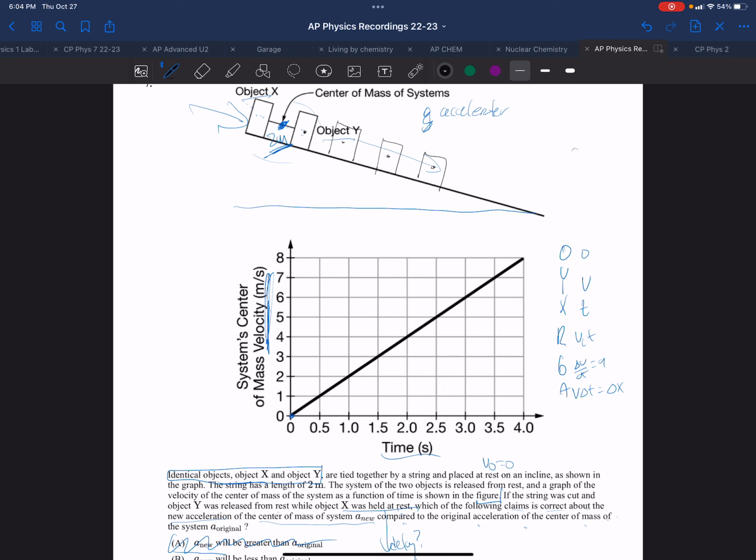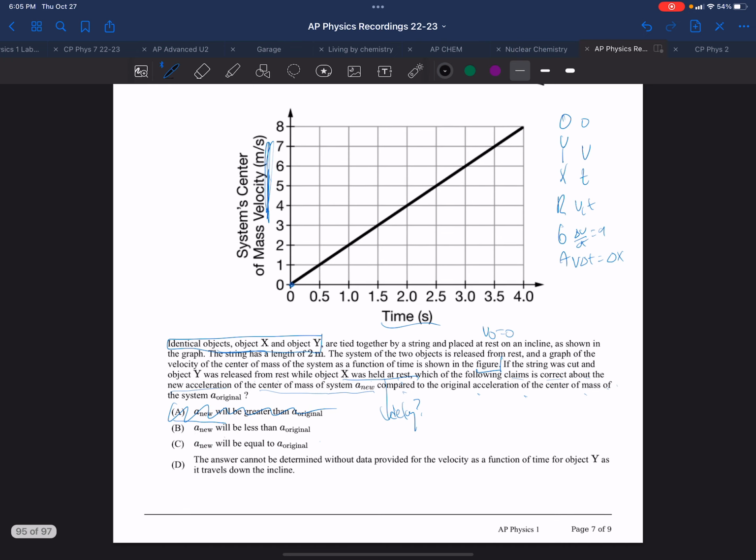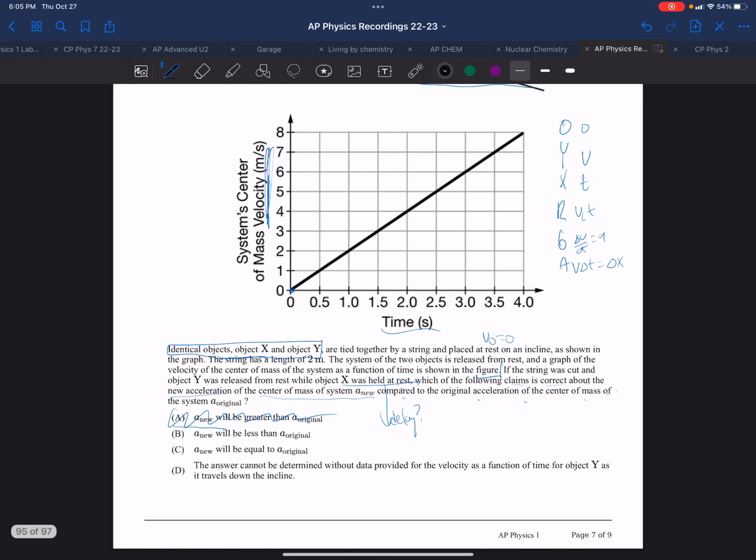But since object X is staying put and Y is moving past, all of the mass is not accelerating down the inclined plane. Only half the mass is accelerating down the inclined plane. So the acceleration of the center of mass should definitely be less than the original.